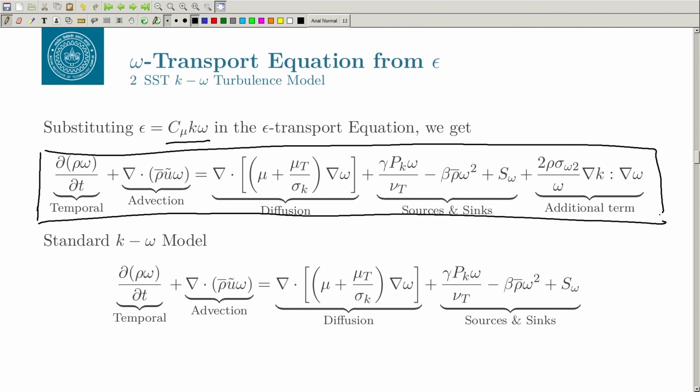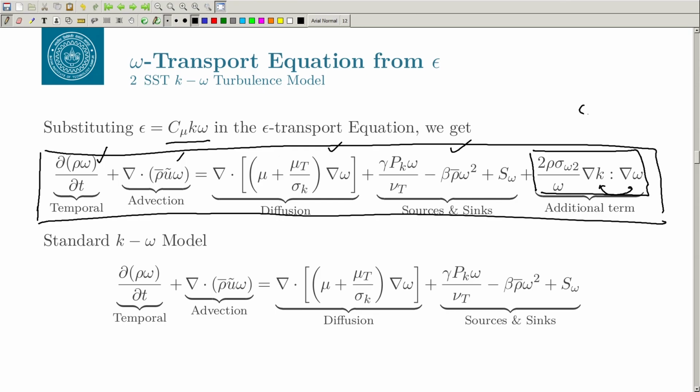Okay. Now, this term is there in your k equation also, this is also there in the k equation, this is also there in the k equation, but this is the term which is not there in the k equation. Okay. So, this is a kind of cross diffusion term between the turbulence kinetic energy and the specific dissipation rate.